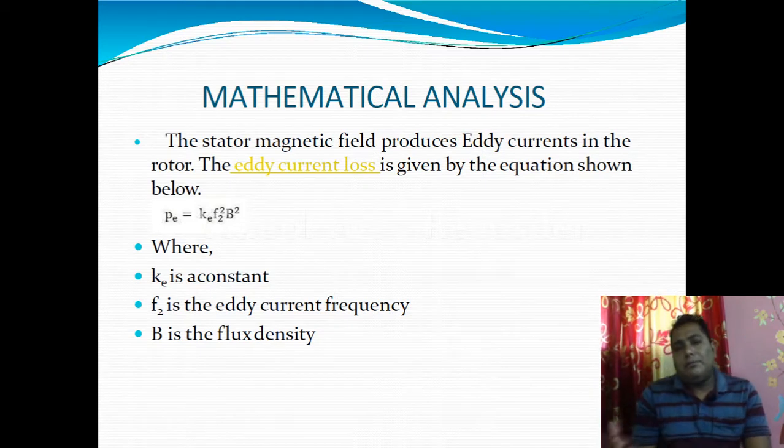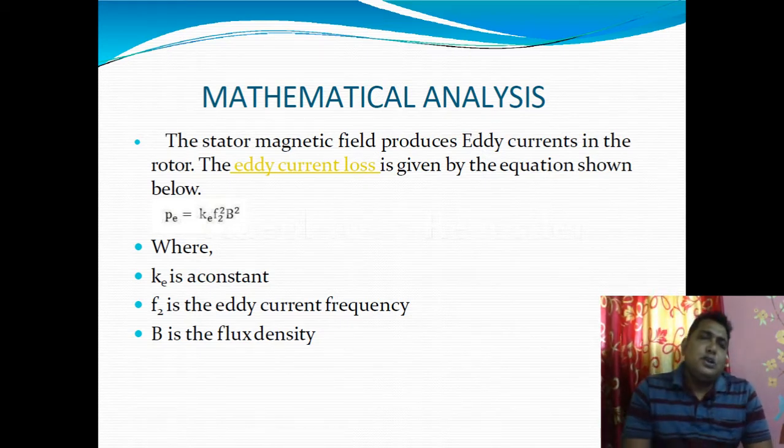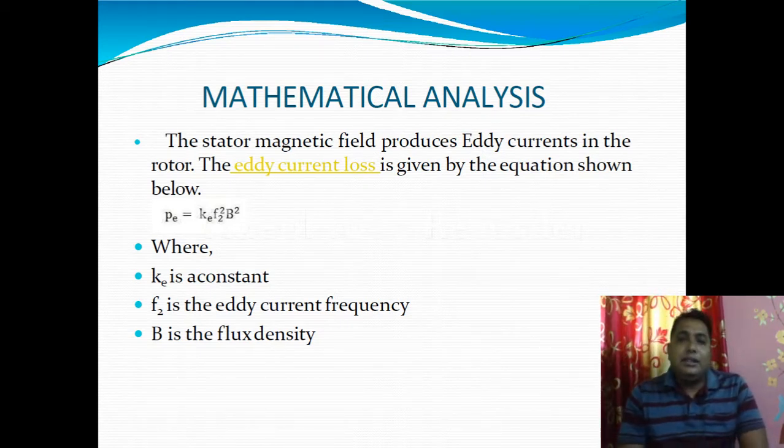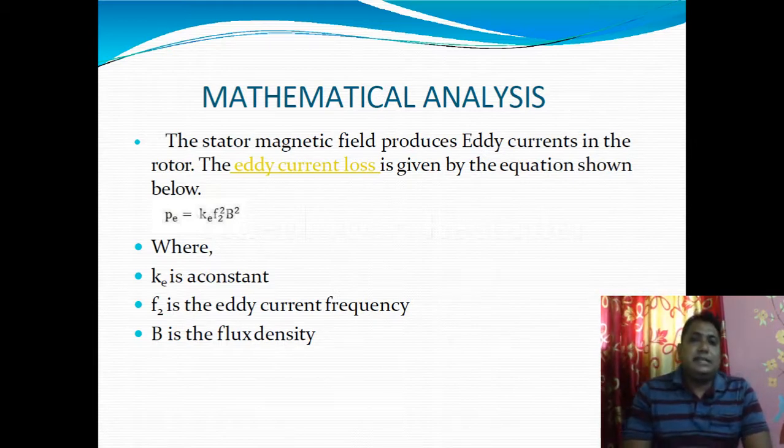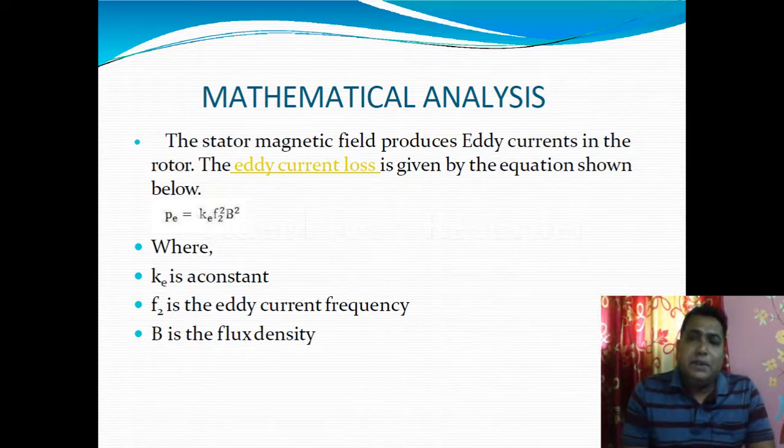In this hysteresis motor, the torque depends upon the flux of the stator section, phi s, the flux of the rotor section, phi r, and the angle between them, denoted by delta.